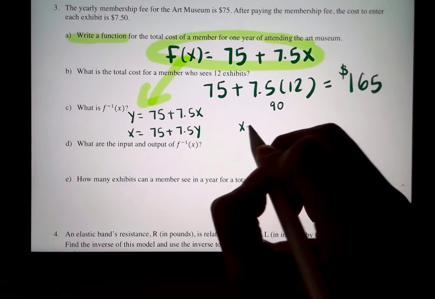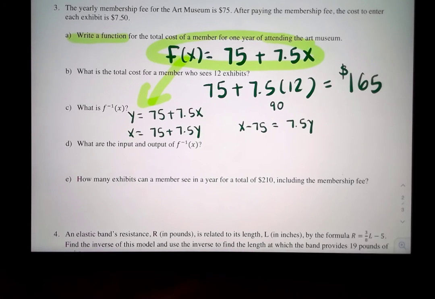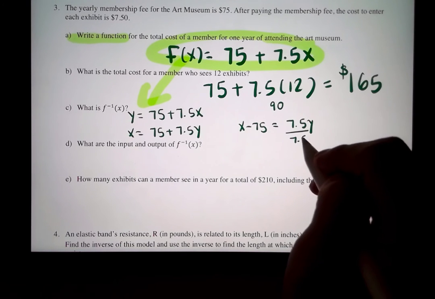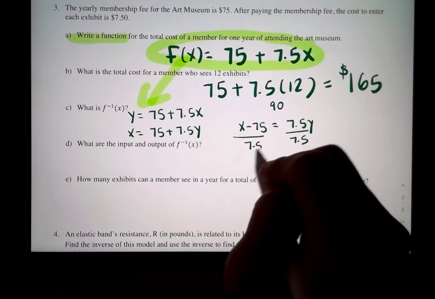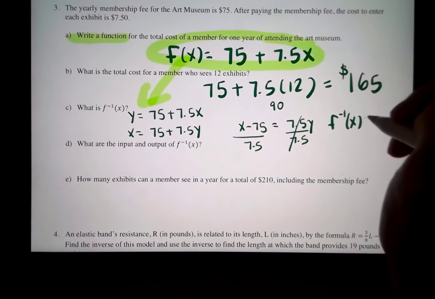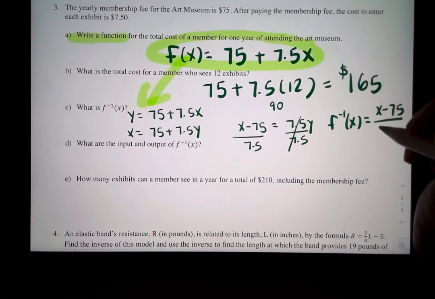Then you get x minus 75 equals 7.5y. Right? And then divide by 7.5. So you get f inverse of x equals (x minus 75) over 7.5.